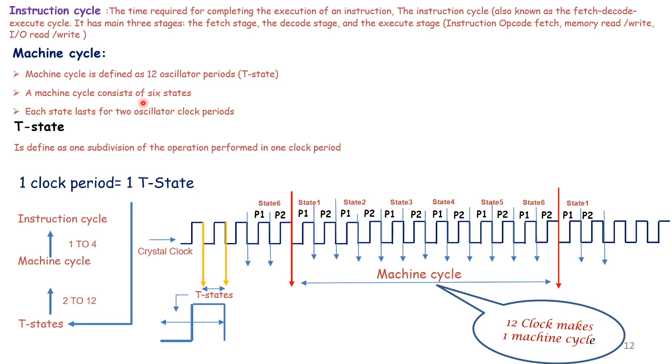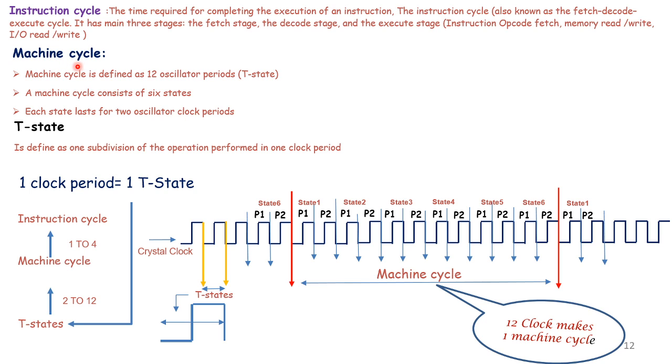One machine cycle consists of 6 states, and one state has 2 periods, 2 T states. Each state lasts for 2 oscillating clock periods.